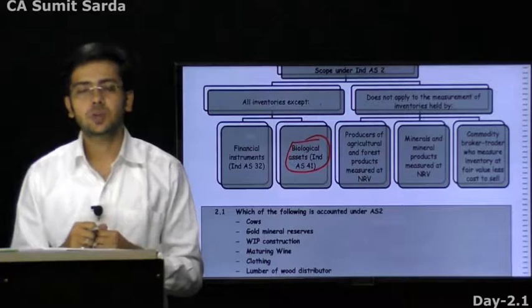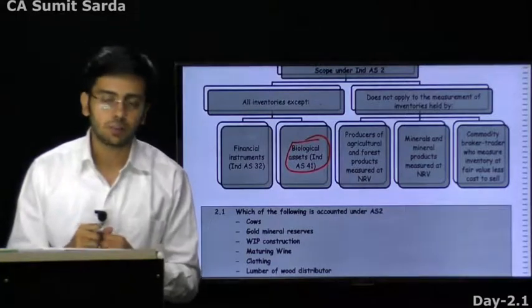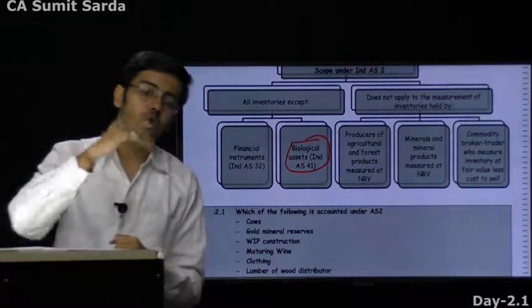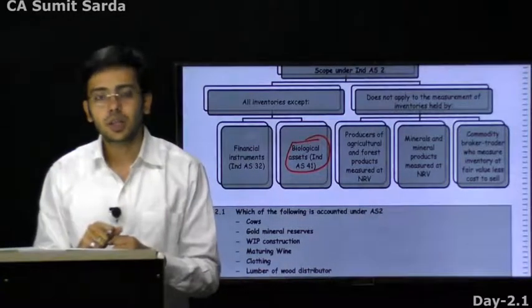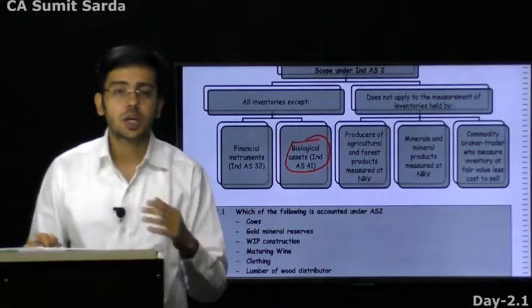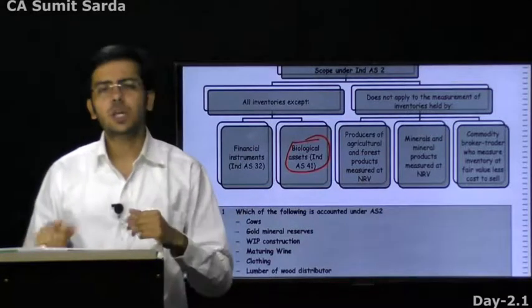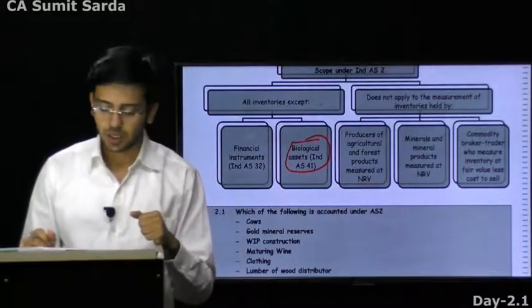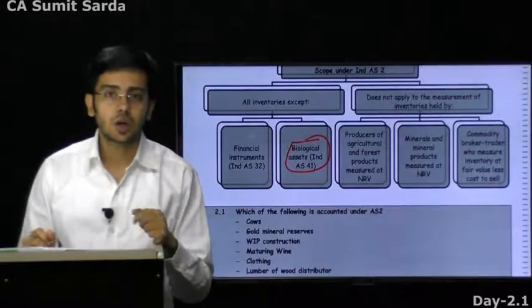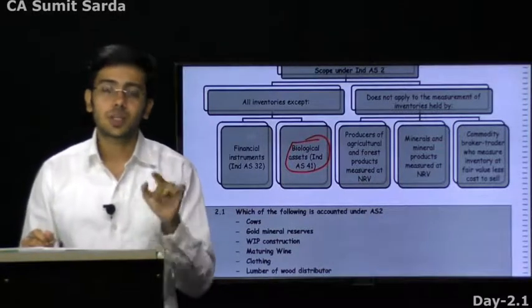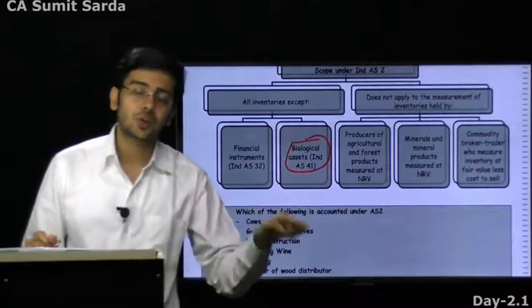For them we have a specific standard, Ind AS 41. Clear? Okay. That means other than those which are not covered under agricultural purpose, like a pet shop, they have dogs, fishes, cats, parrots, various animals which are available to be sold to the local people in and around the city, in and around the town. These people will do the valuation as per Indian accounting standard 2.